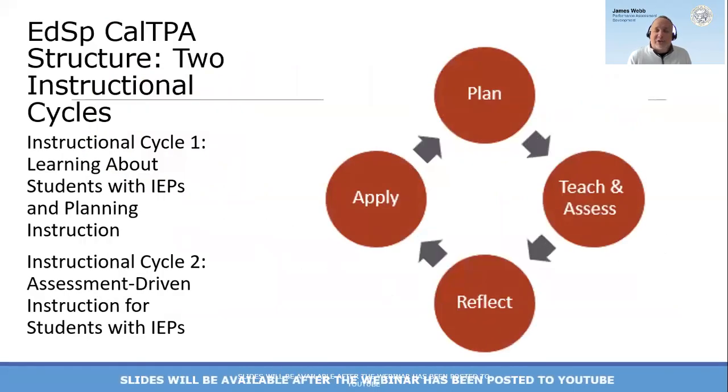There are 2 instructional cycles for the ESN TPA. Both follow the overarching cycle of plan, teach and assess, reflect and apply. The first instructional cycle is learning about students with IEPs and planning instruction. The second is assessment-driven instruction for students with IEPs.